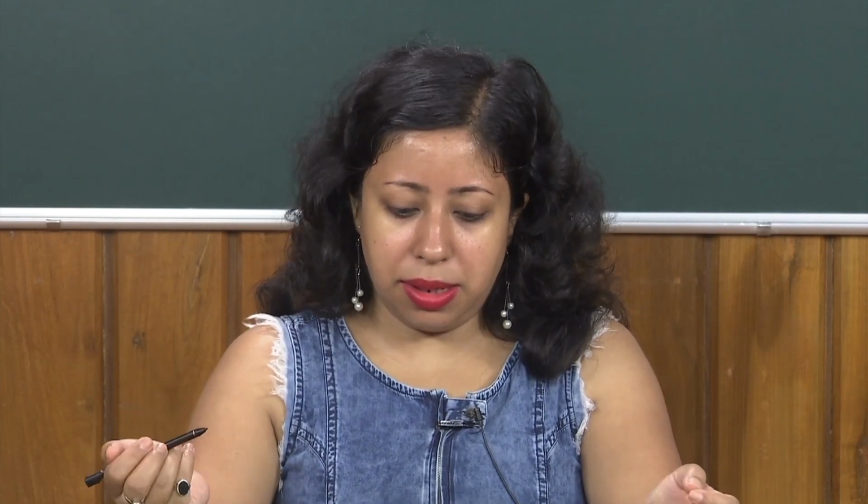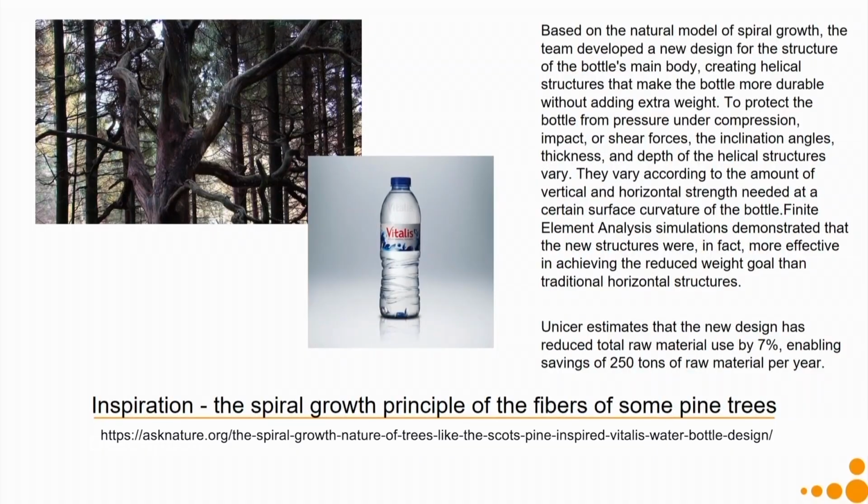In this particular bottle which has been developed, they took inspiration from a pine tree. They found that they needed to protect the bottle from pressure under compression. There are lots of bottles stacked together which will be under compression because of the weight of all other bottles on top of them.